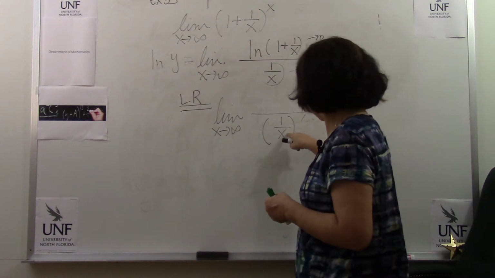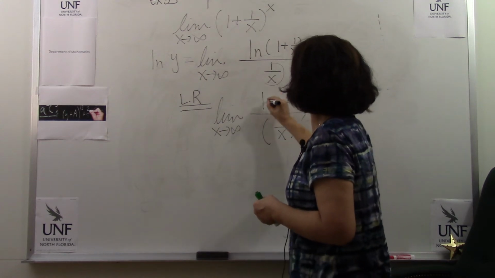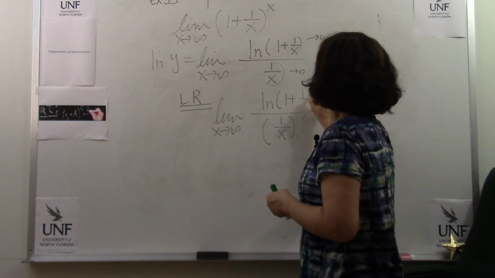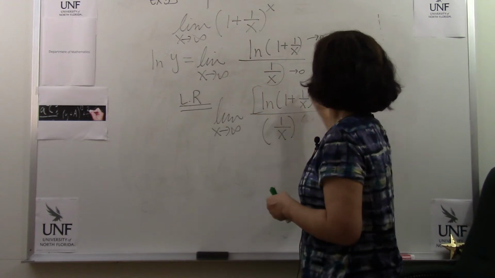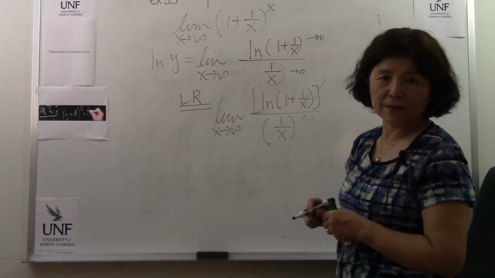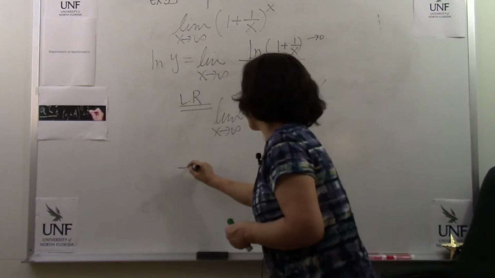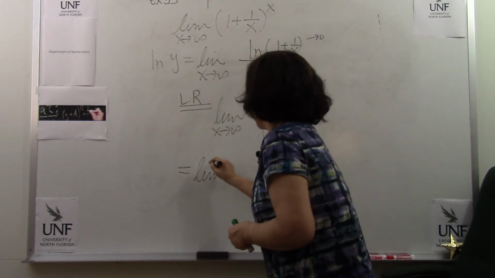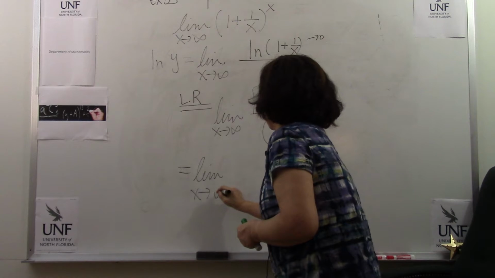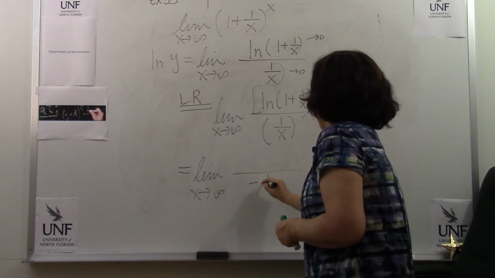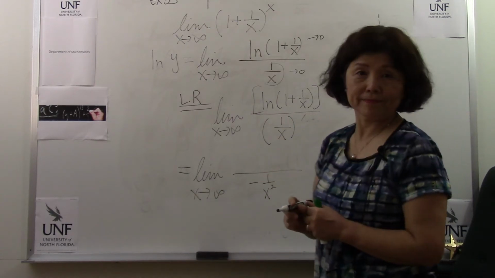So take a derivative of 1 over x and take a derivative of the natural log of this. Take a derivative of both. So here we go. What is the derivative of 1 over x? I know, negative 1 over x squared.